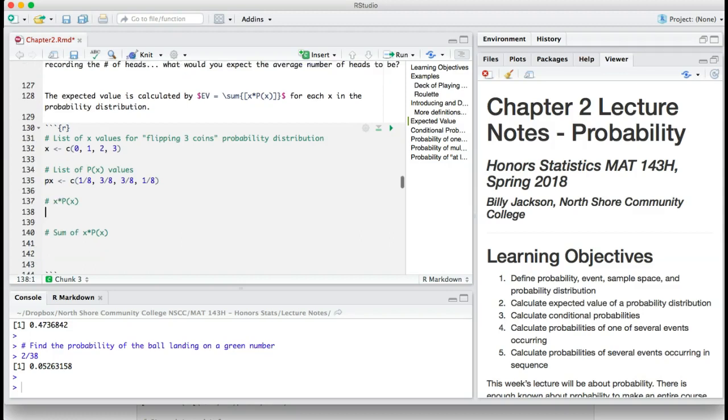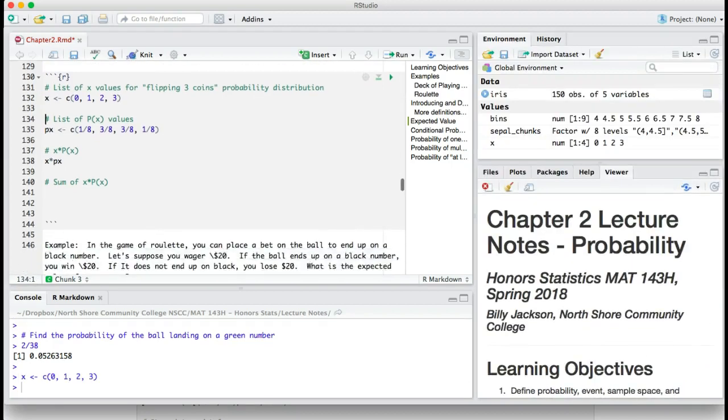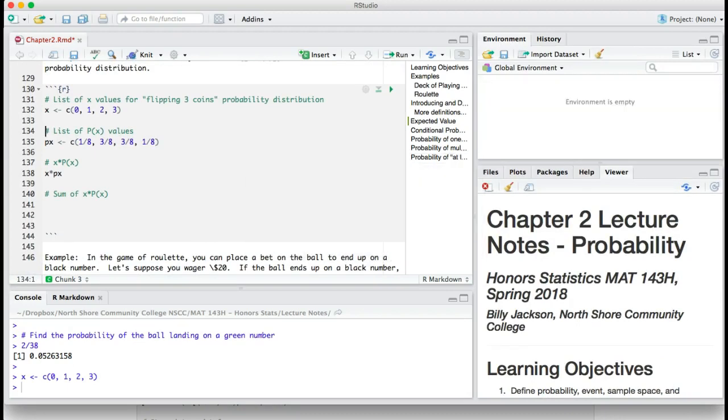Now I need to multiply my x's times their corresponding p of x's. We can just write x times px. Let's do all these one at a time. I have some old stuff in my environment, so I can wipe that out.